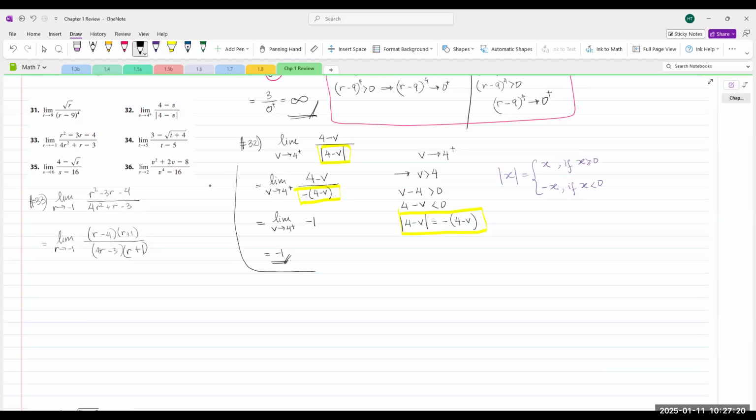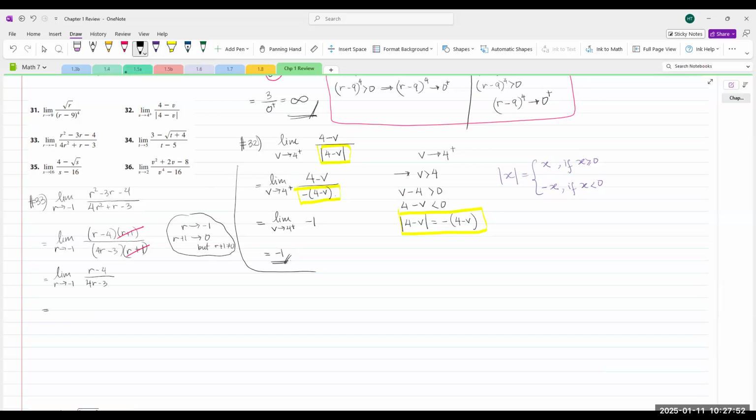Okay. r approaching negative 1 means r plus 1 approaching 0, but not 0. So we can cancel that. And now we have the limit as r approaches negative 1 of r minus 4 over 4r minus 3.